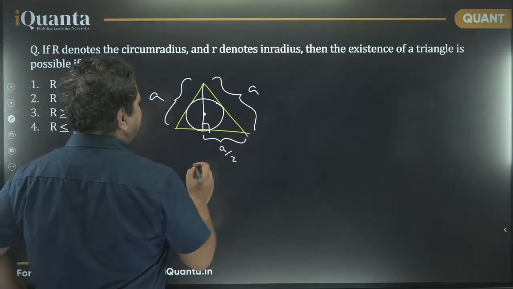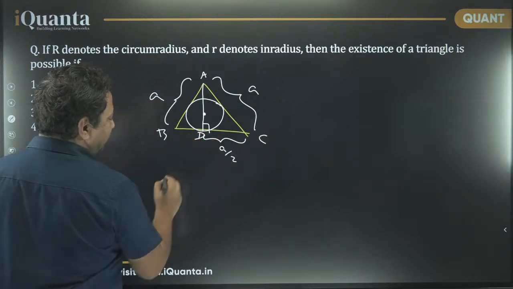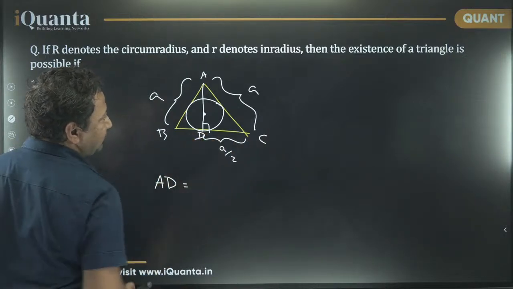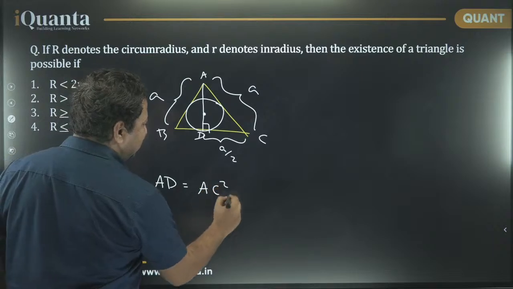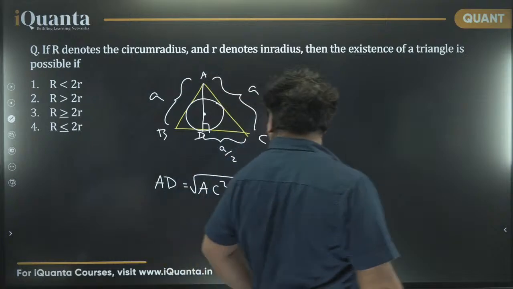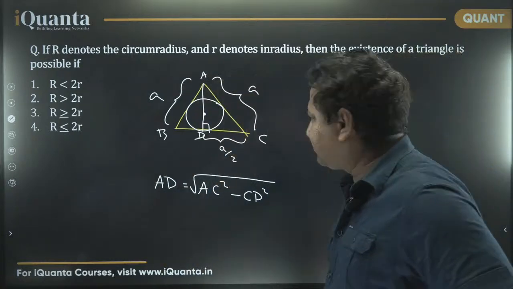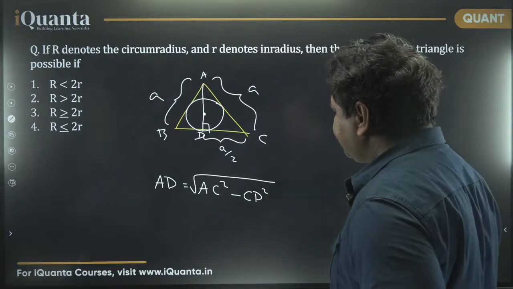Now, if I calculate, let this be point A, point B, point C, and this will be point D. So AD by Pythagoras theorem will be equal to the square root of AC square minus CD square. Is that right? No problem over there?